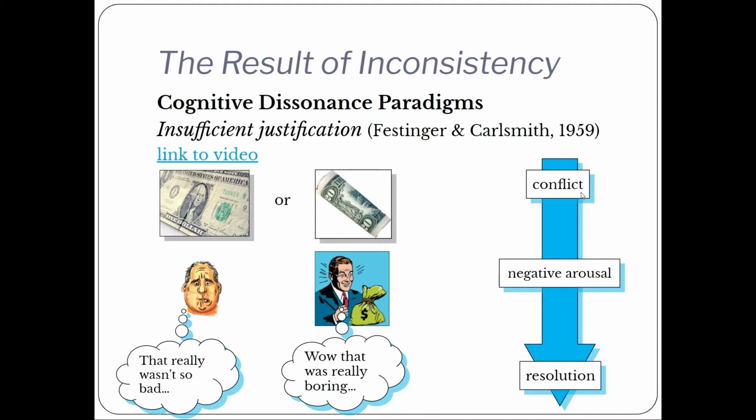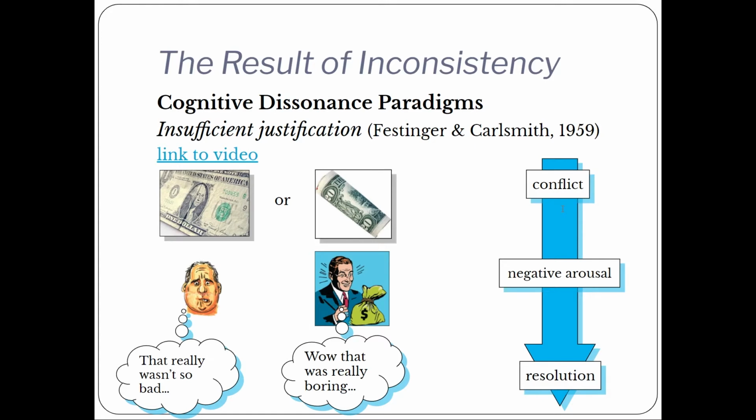Why is this happening? By asking people to lie, the researcher created a dissonance, because people want to see themselves as honest, good people, right? So by asking people to lie, they created cognitive dissonance. However, the group that got paid $20, and remember $20 is a lot of money in the 1950s, had enough justification for lying.